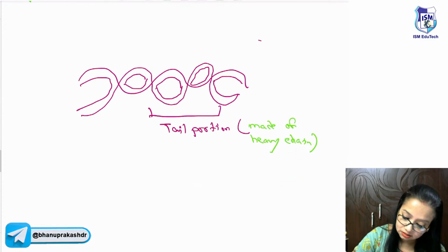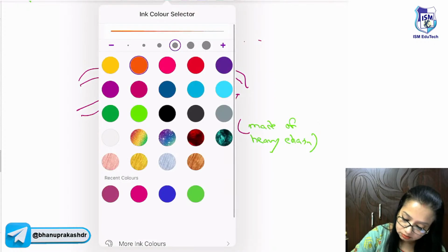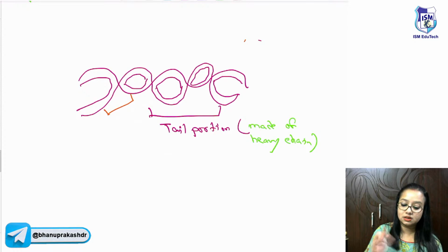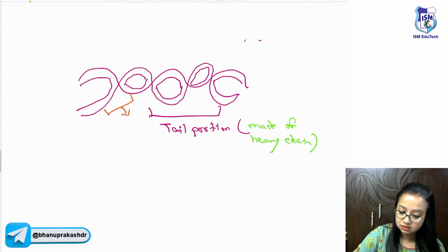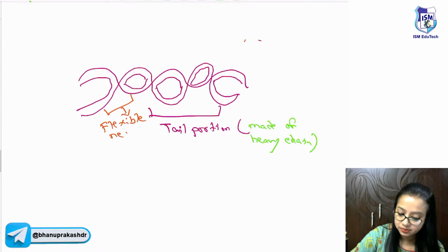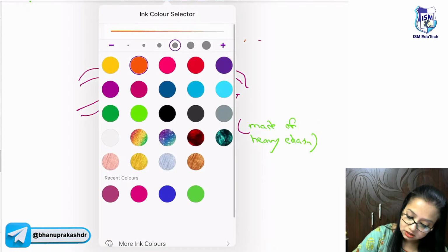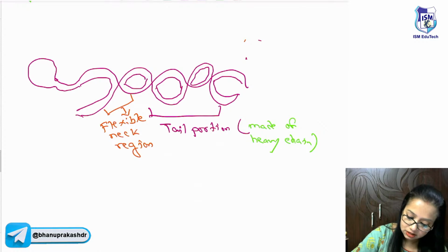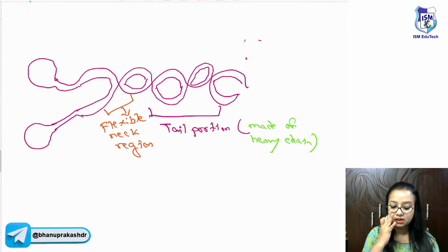Now, here lies a comparatively flexible region, which is called the flexible neck region. Now, the myosin molecule has two globular heads.